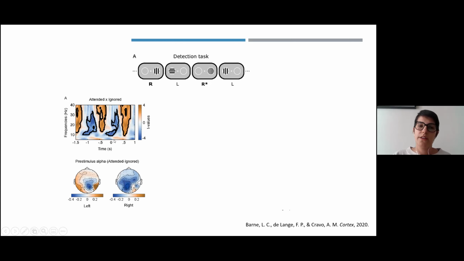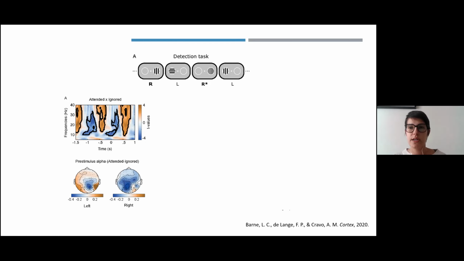Another thing from this map is that here I use a sliding window. So when I see that there is an effect before 0, it could be true because there is something before 0, but it could also be just a mirroring effect because I'm doing the sliding window.